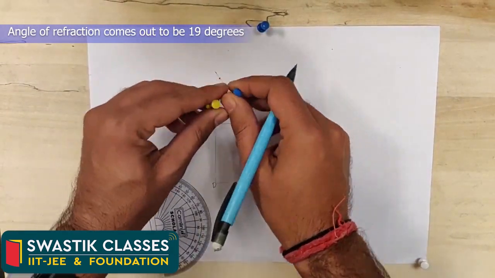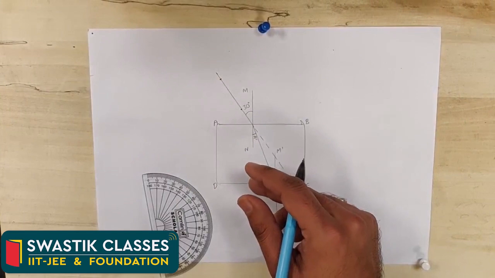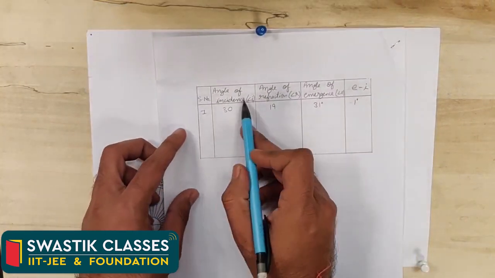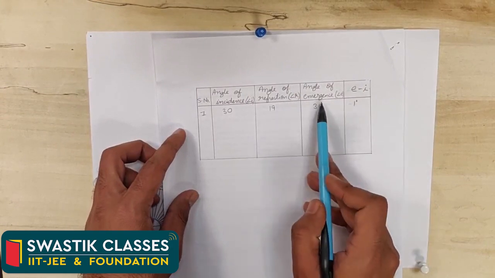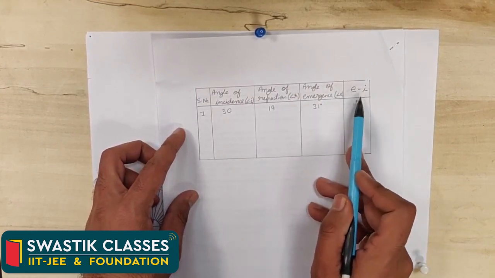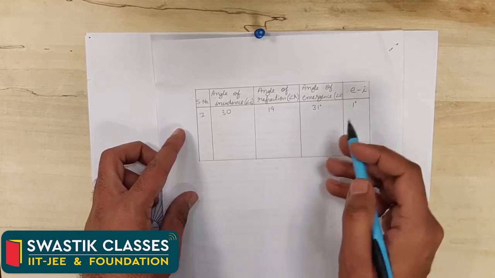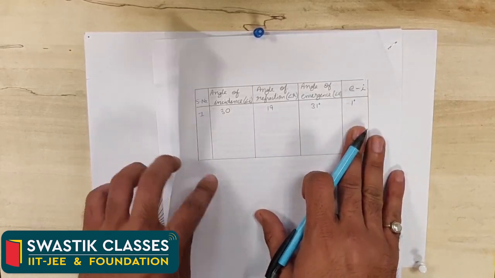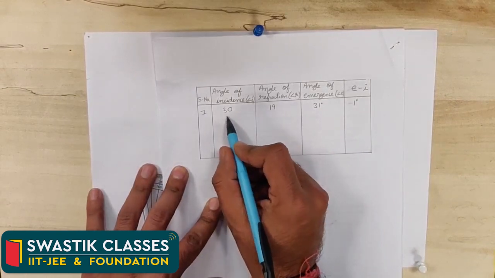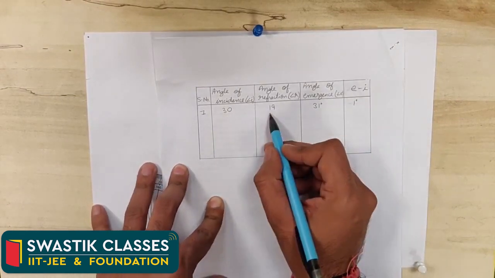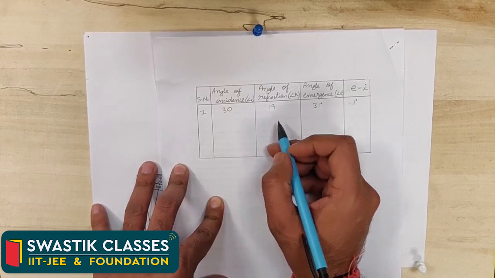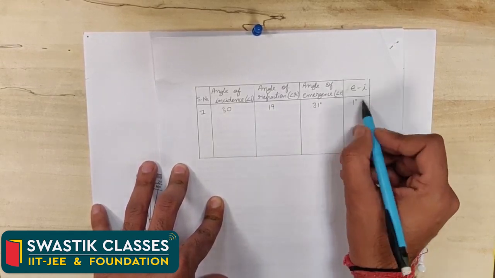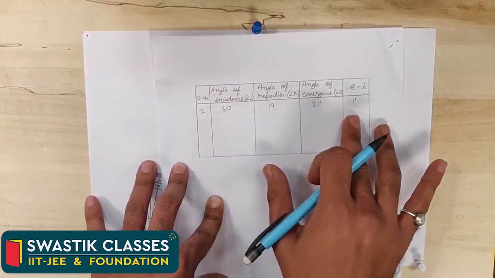So we'll make an observation table here. In this table we'll write angle of incidence, angle of refraction, angle of emergence, and E minus I. You can also write I minus E. I'm getting an angle of emergence more than the angle of incidence, so I have written E minus I. The angle of incidence was 30 degrees and the corresponding angle of refraction is 19 degrees, and I have measured an angle of emergence of 31 degrees, and the difference of these two angles is 1 degree.